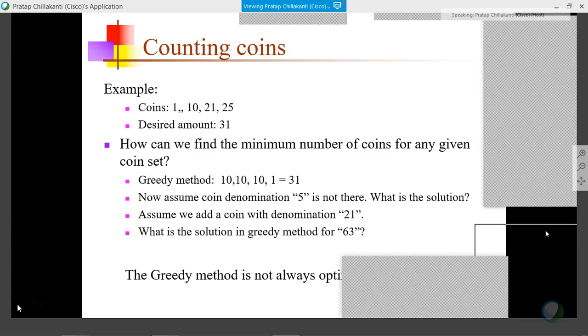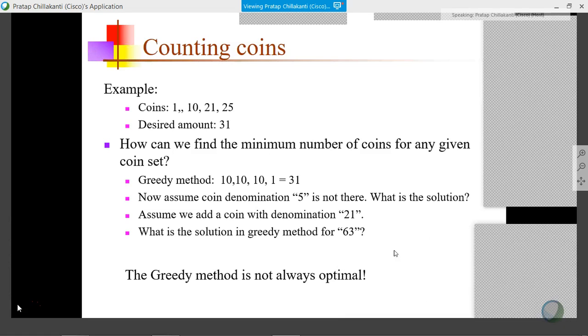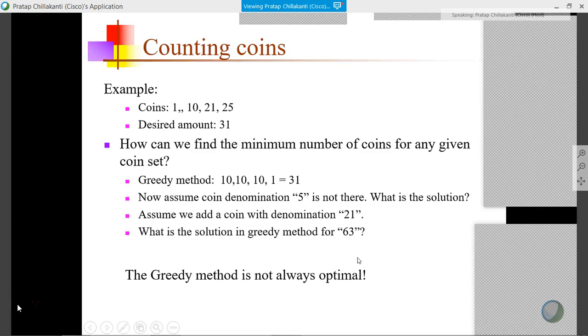However, in this example, we'll see soon that the greedy method is not always optimal. We are making a claim that the greedy method would not always work. Just because we saw some examples here where it is working, it's not a universal solution. Why do we say that?